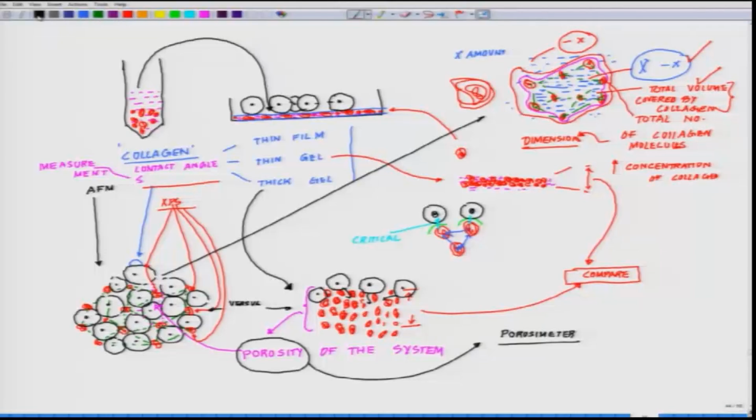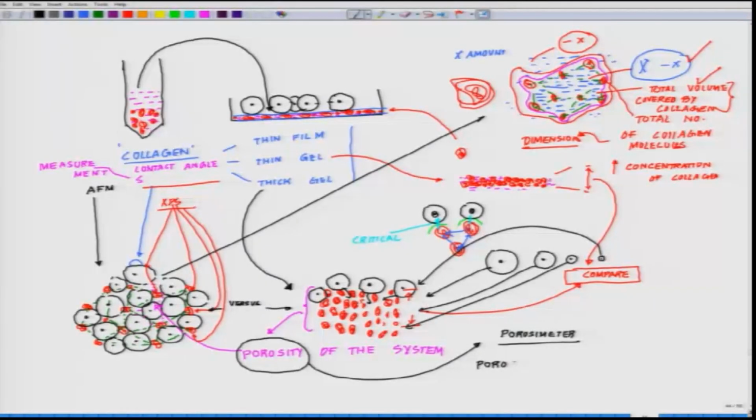You may have a cell this big, you may have a cell this small, you may have even smaller cells. So, depending on the size of the cell, what porosity you are going to use will be a function of cell size. Okay. So, porosity is a function of your cell size.